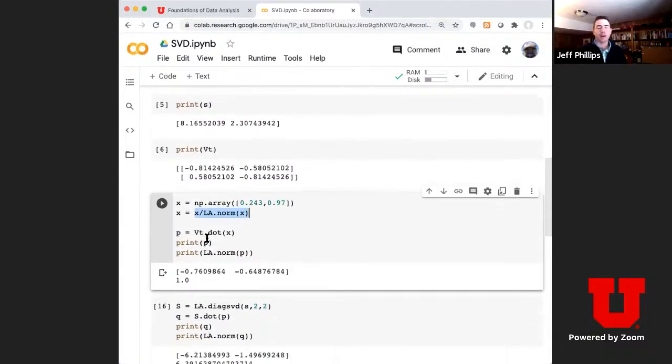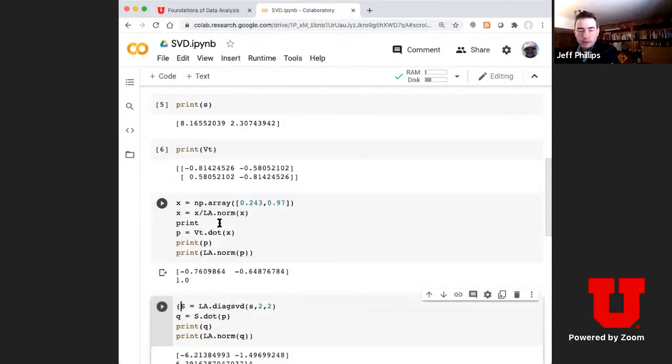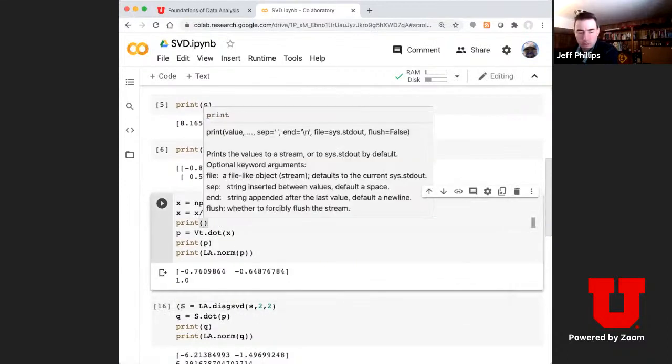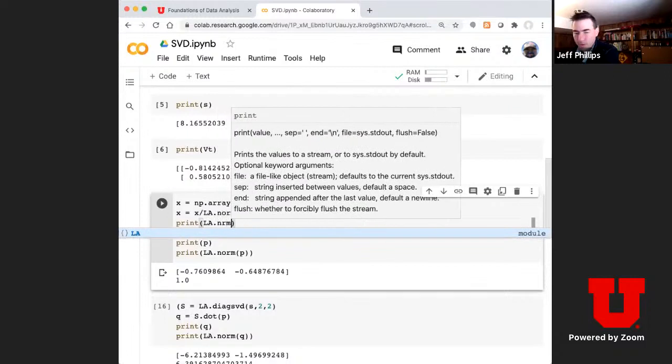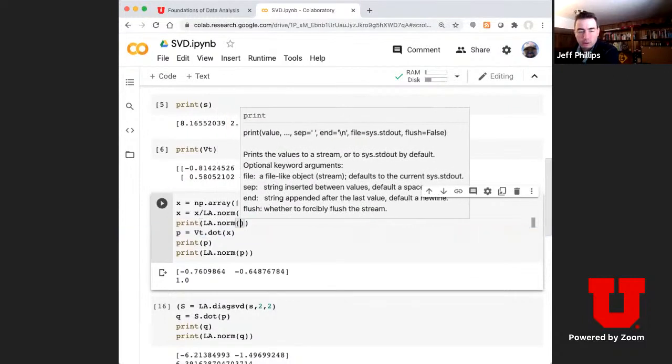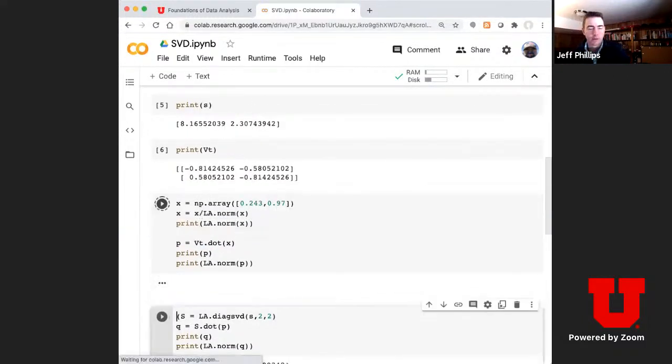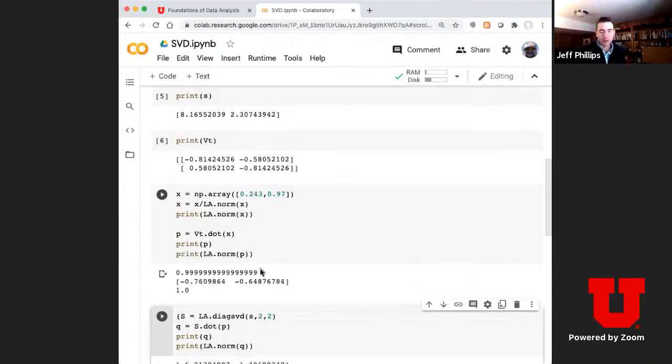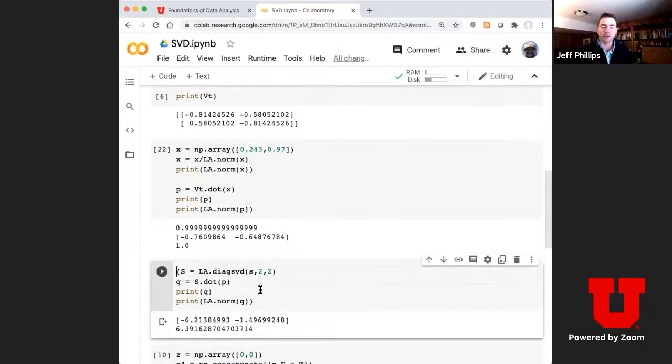So here I printed out, I can also do, say, print norm of X. Well, it's not exactly 1, but that's 1 pretty much, and it stays 1 after this transformation. And here's the value P. It's negative 0.76, negative 0.64. My estimation of those values was pretty close.